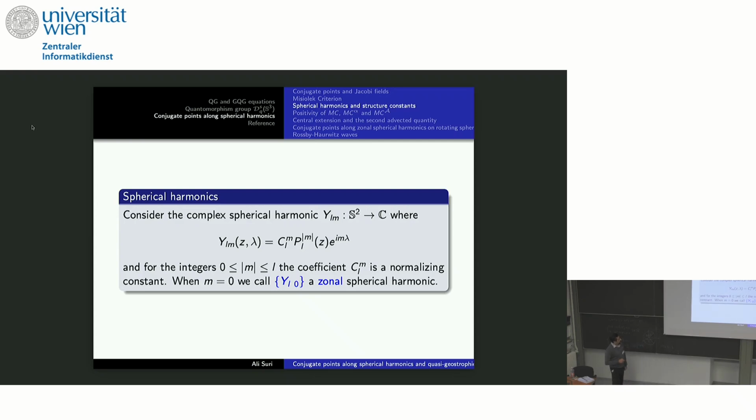L and M are integers with this condition. If M is 0, then we call them zonal spherical harmonics. They only depend on the distance from the equator, not the angle. They form an important set of exact solutions of these equations.